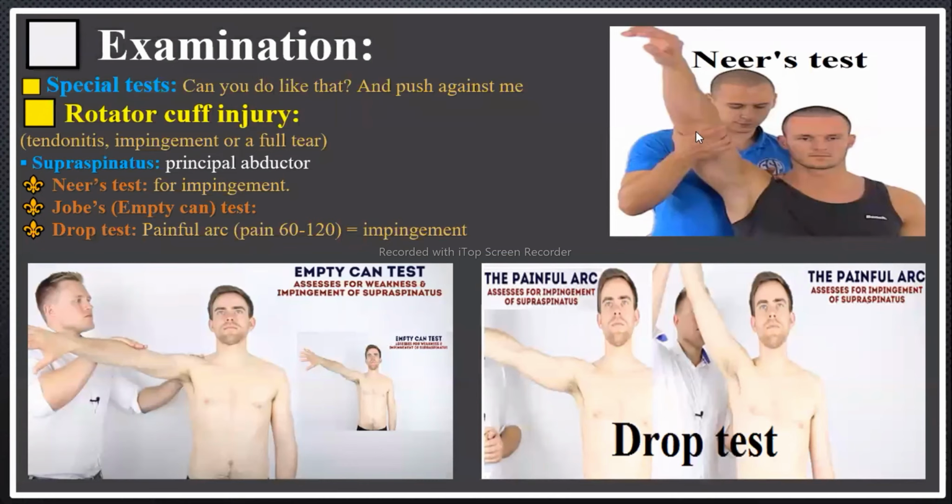It's better to be more than 90 degrees, abduction and internal rotation.